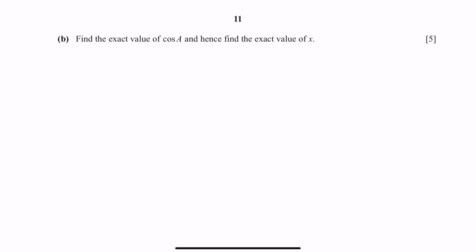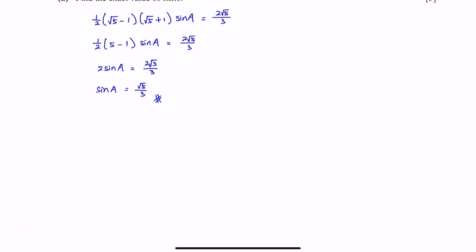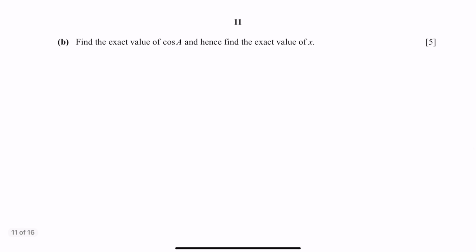Part B. Find the exact value of cos A and hence find the exact value of x. So let's do it one by one. We first find the value of cos A. How do we do that? From part A, we know that sine A is root 5 over 3. So we can draw a right angle triangle, and let's call this angle A. Sine A is root 5 over 3, and sine A is the opposite over the hypotenuse.